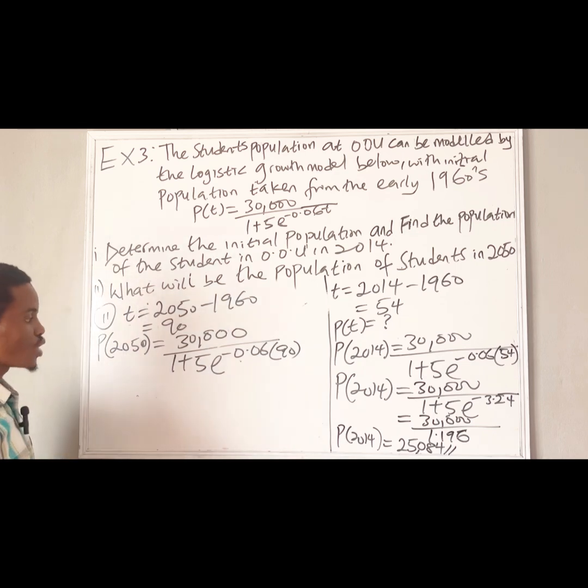So exponential negative 5.4 is what? We are going to get 0.00451. If you multiply it by 5, we are going to get 0.02258. If you add 1, we are going to get 1.0225.